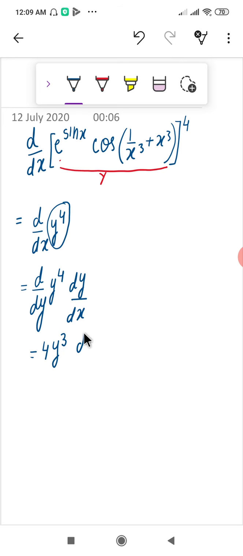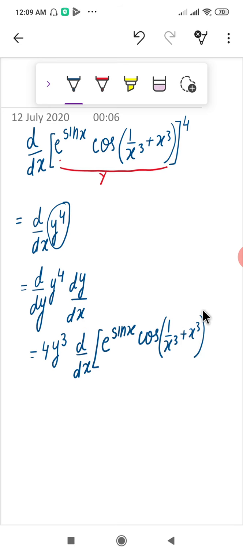And then you will write d by dx of, and the y is actually function of x, e to the power sin x, then cos 1 upon x cube plus x cube. Now only the power 4 will not be here because we have already calculated it.